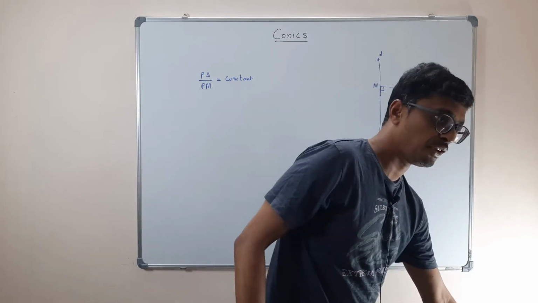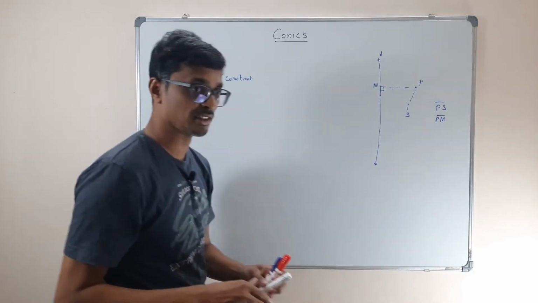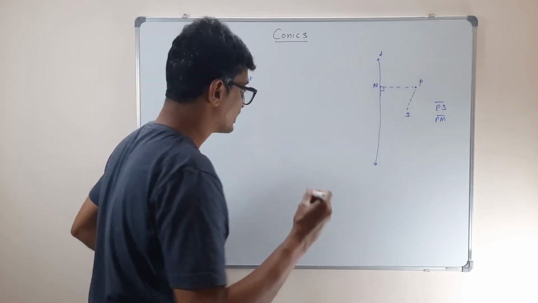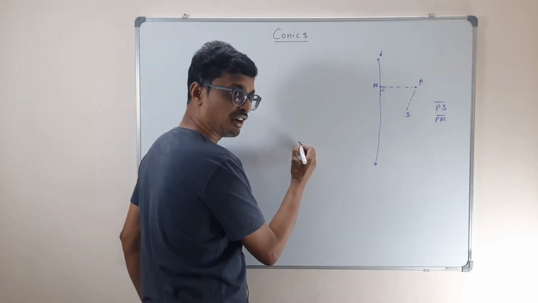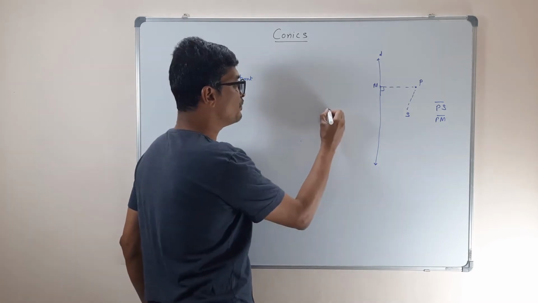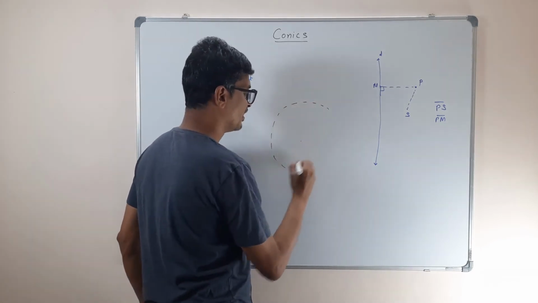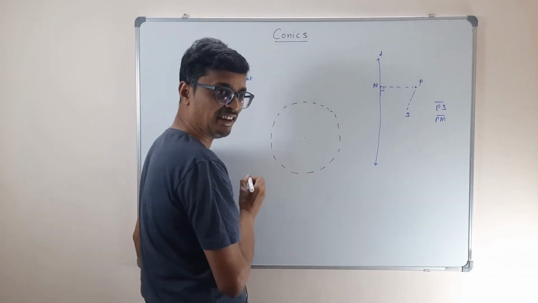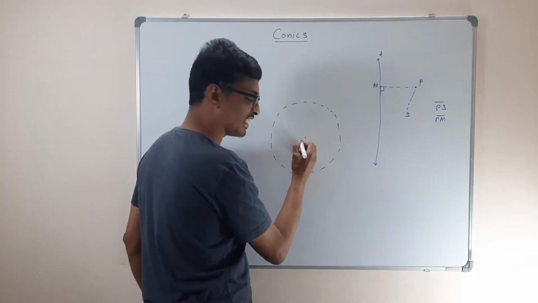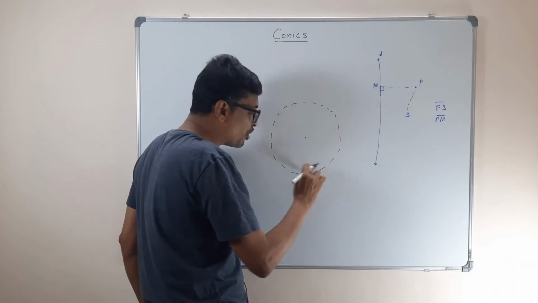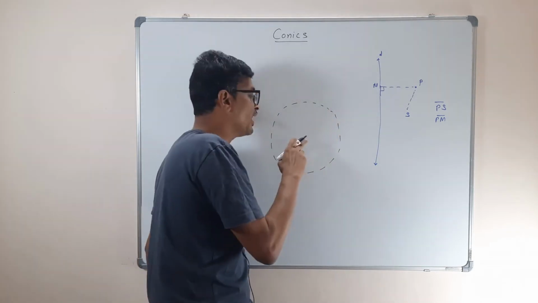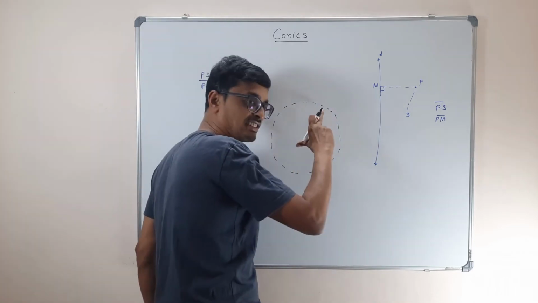Okay. So if you remember, in the circle also we got a similar thing. What is a circle? Circle is the locus of points which are equidistant from another point. The radius. Am I right? That's a radius. Correct. Circle is a set of points which are at equal distance from another point, and you call that point the center, and the distance the radius.